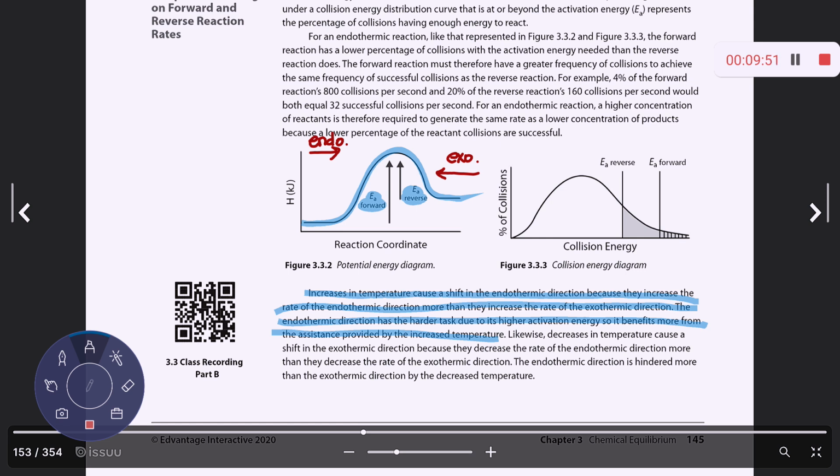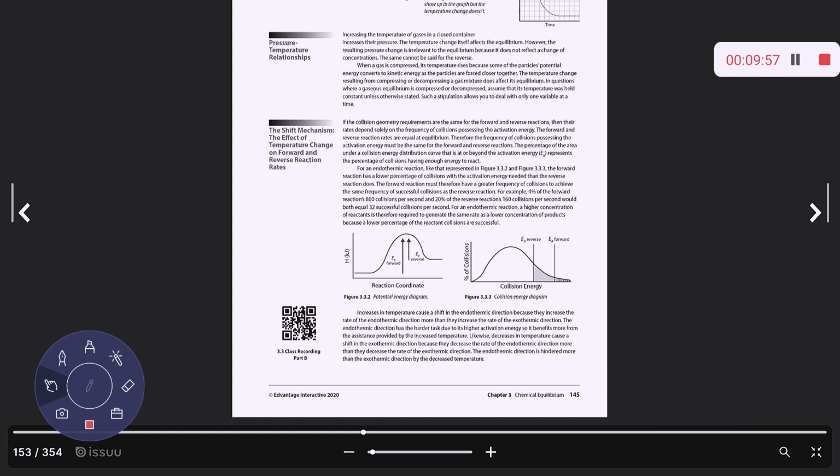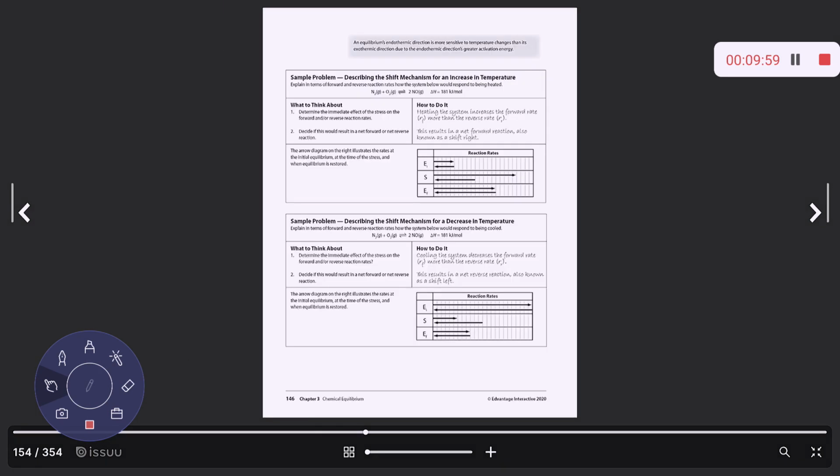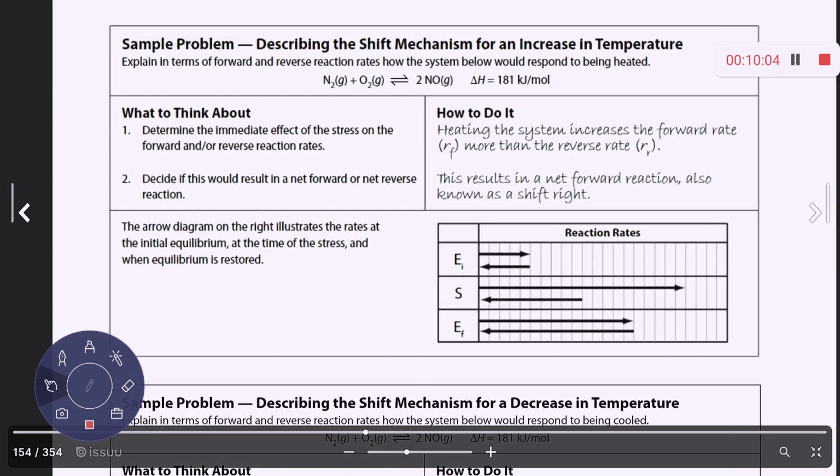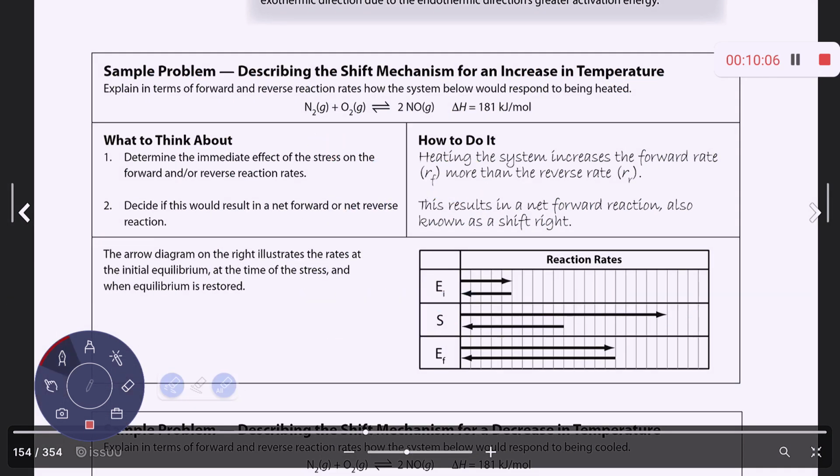Okay, let's take a look at the next page. Let's take a look at these sample problems. They want to know what's going to happen to the forward and reverse rates when we heat this reaction.